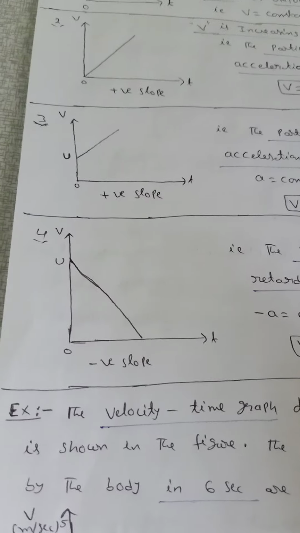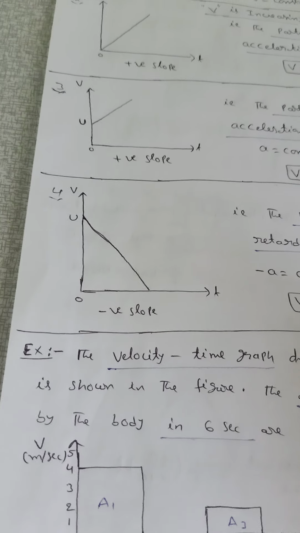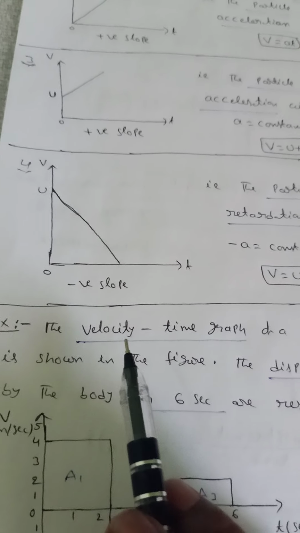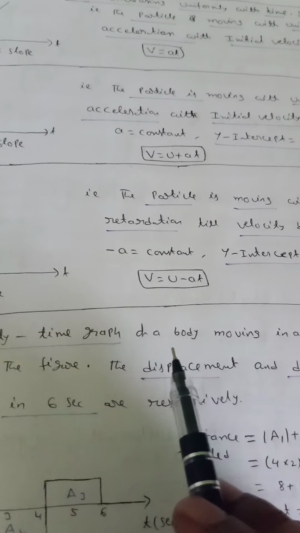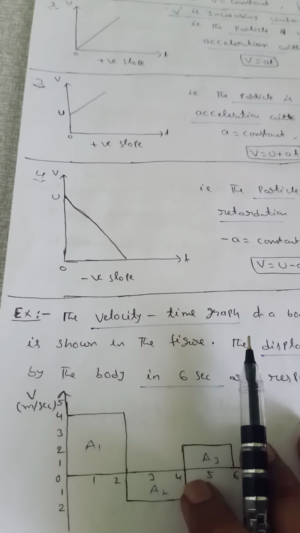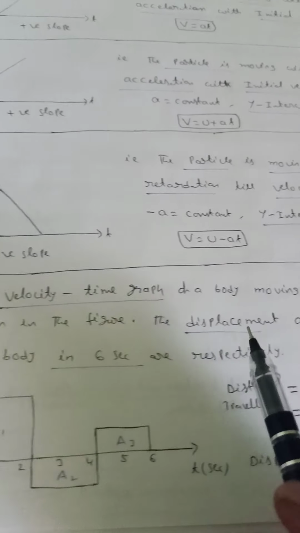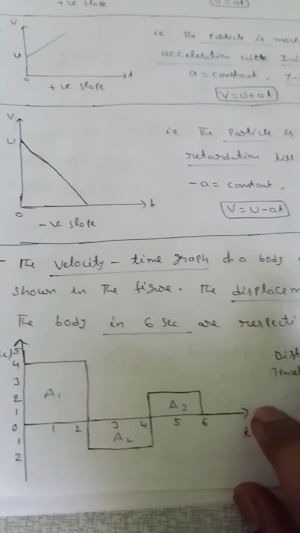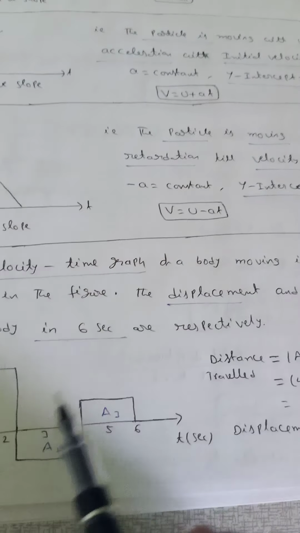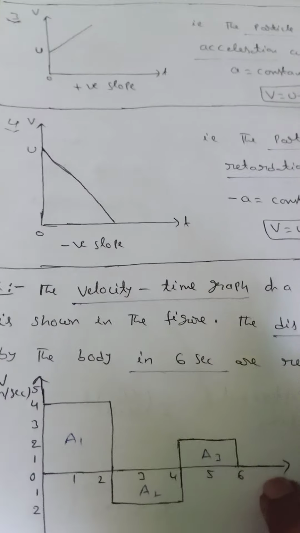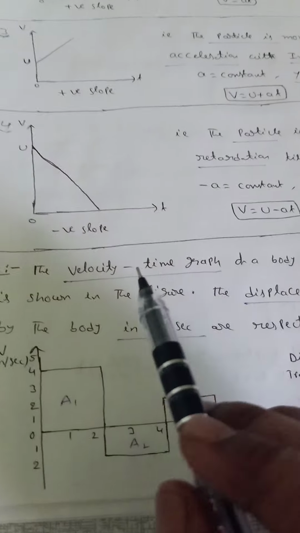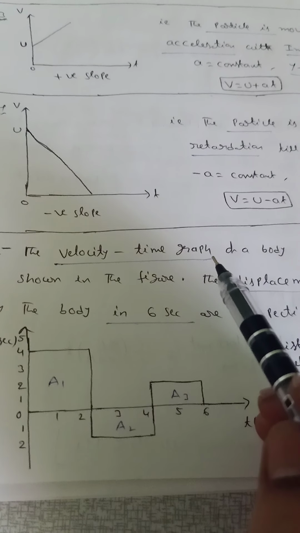Now let us discuss some examples of velocity-time graphs. The velocity-time graph of a body moving in a straight line is shown in the figure. Find the displacement and the distance travelled by the body in 6 seconds respectively.